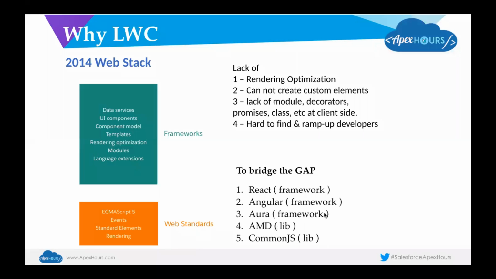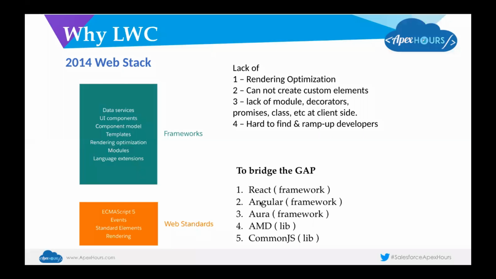With the Aura framework, we cannot do that. If you want to do that, we have to take help from these two frameworks, React or Angular. In web components, because these are web standards, we have all those things in-house, and we don't need to look for any libraries or frameworks.